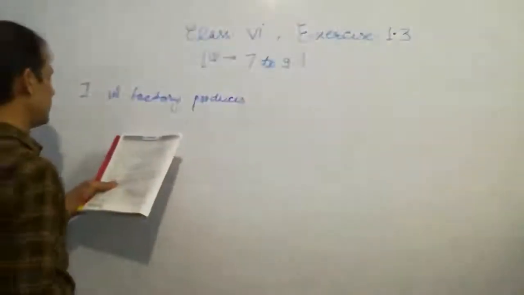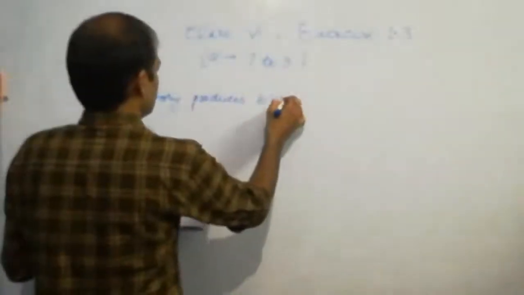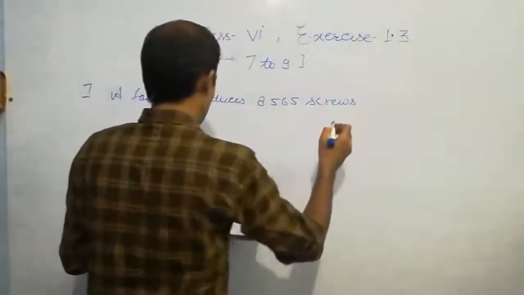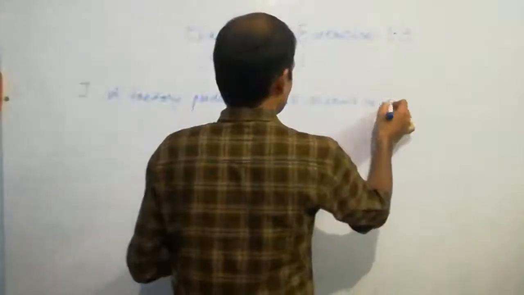A factory produces 8565 screws in a day.